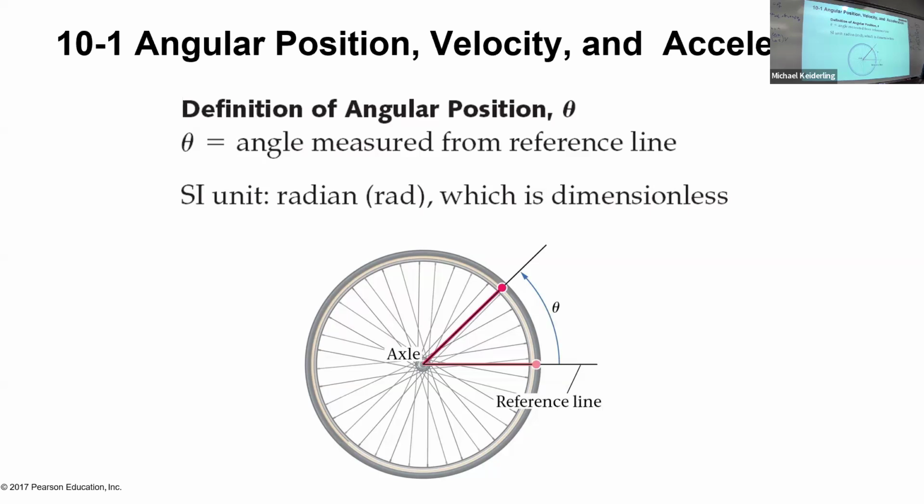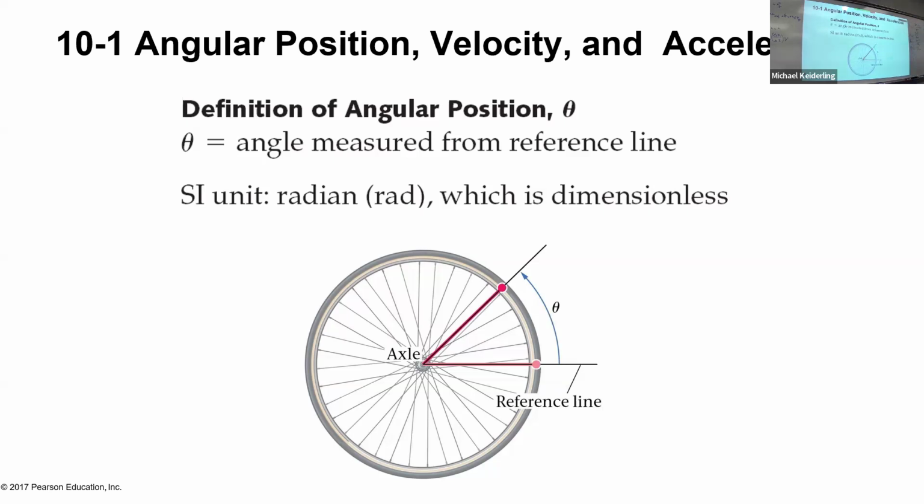In 3 dimensions, if you're rotating around an axis, you curl your right hand in the direction of rotation. Your thumb points in the direction of the angular velocity. So this would be positive because it's out of the board. Clockwise would be negative because it's into the board.